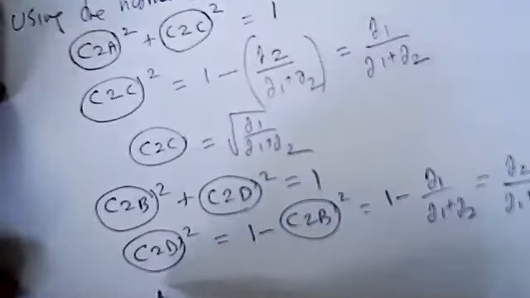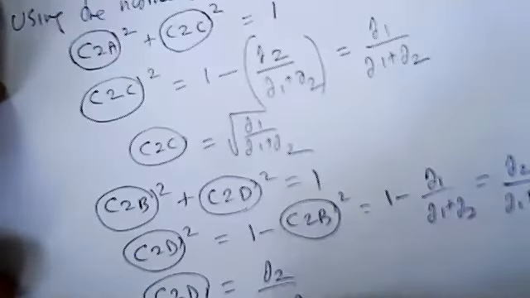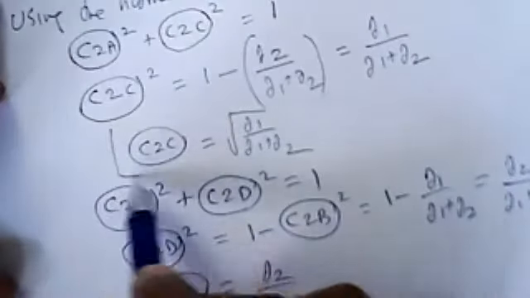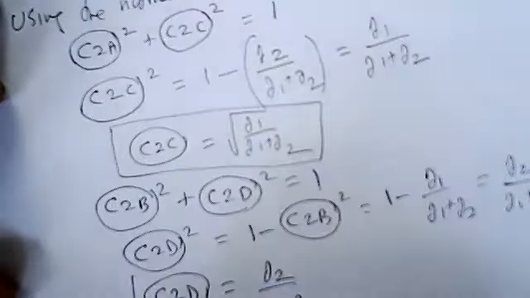So C2D equals the square root of J2 by J1 plus J2.